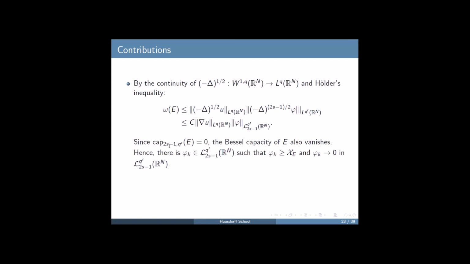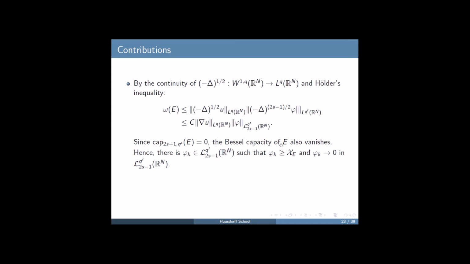So if you assume that the Riesz capacity of a set is 0, then the Bessel capacity of the set is also 0. That is because the assumption that q is greater than q star is also used here, because this relation between capacities is valid under some relation between the orders of the capacities, which is true here.